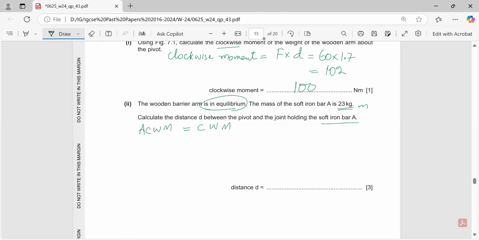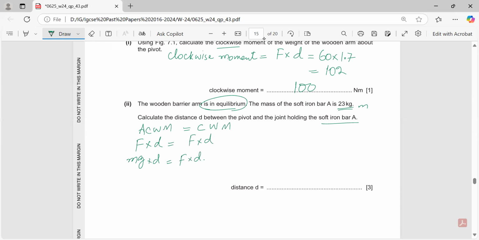Why so? Because the rod or this arm is in equilibrium. So let me write the formula. Force times distance is equal to force times distance. Here I will write mg times distance is equal to force times distance again.